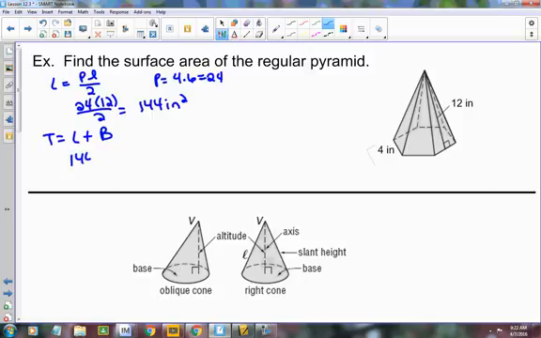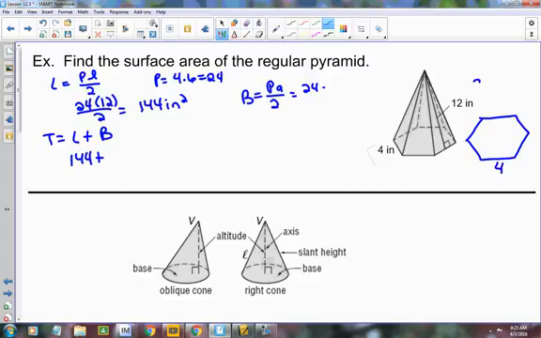So we've got 144 plus, now I gotta come over here and find the area of the base. And the area of the base is a regular hexagon. So I have to go and use everybody's favorite formula, perimeter times apothem divided by 2, right? We already know what the perimeter is. We found it to be 24. But we need to figure out what the apothem is. So remember, we have a hexagonal base, and we know that the side length is 4.